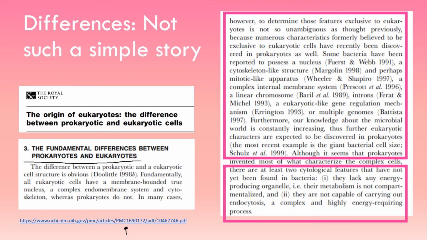"The difference between a prokaryotic and eukaryotic cell structure is obvious. Fundamentally, all eukaryotic cells have a membrane-bound true nucleus, a complex endomembrane system, and cytoskeleton, whereas prokaryotes do not." That's an interesting quote there, saying that all eukaryotic cells have a membrane-bound nucleus, which we said, and a complex endomembrane system.